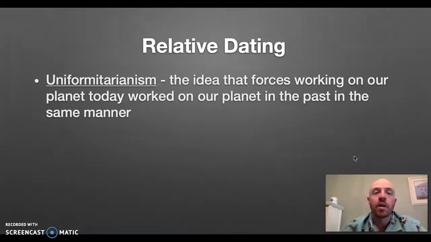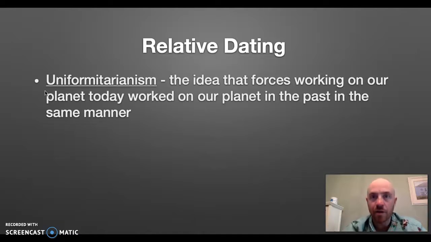Relative dating. So first word that we're going to come across is something called uniformitarianism. All right. If you look just at the beginning of the word, you see the word uniform. And remember, uniform, just like when you wear a uniform, means the same. And this is the idea that all the forces working on our planet today are the exact same ones that were in place in the past.